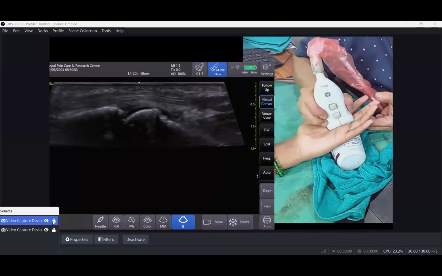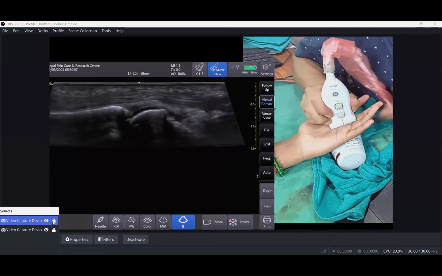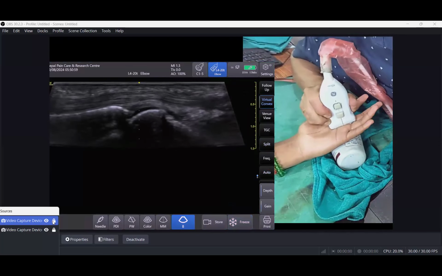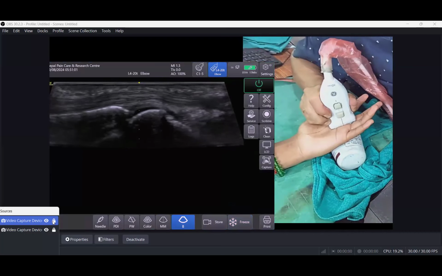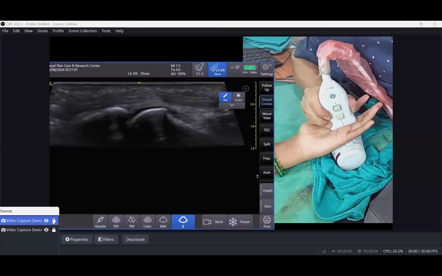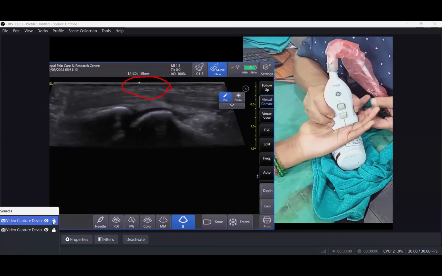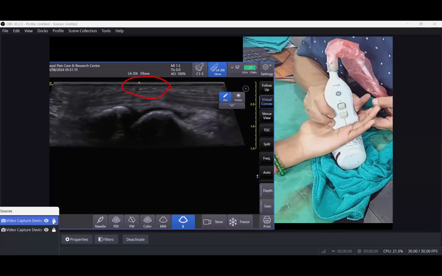So this is the head of the metacarpal, and this is the first metacarpophalangeal joint. In this area you can see an A1 pulley. This is the area where you can see a faint black line, a ribbon-like structure over this. So this one is A1 pulley.